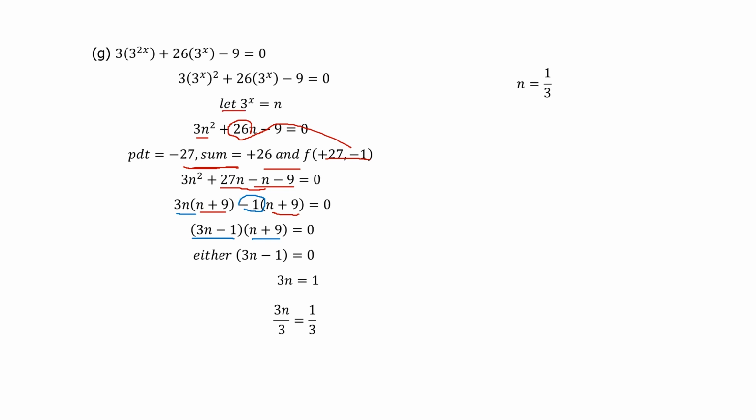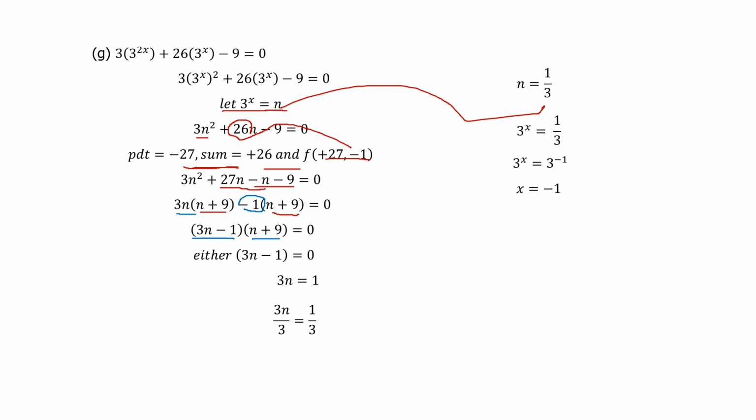We recall that our equation had an unknown of x, so bringing it back here, 3 power x is equal to a third. A third is the same as 3 power negative 1, which is that. Then equating the powers, x is equal to negative 1.